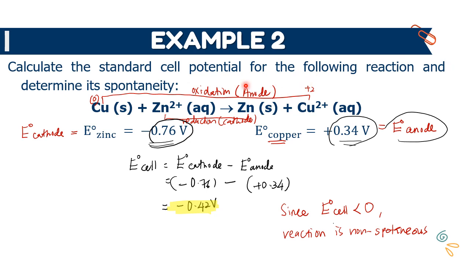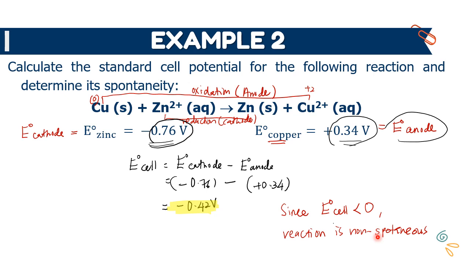Now, how do you make this reaction spontaneous? Easy. Since copper to copper 2 plus is oxidation, and zinc 2 plus to zinc here is a reduction process, it will give you a negative value. So it's a non-spontaneous reaction. Reaction will not occur.